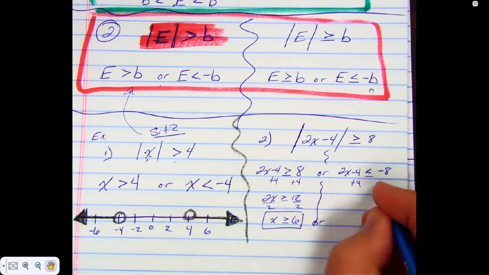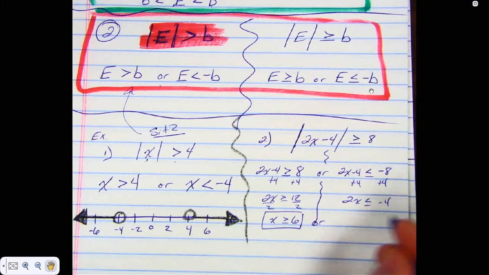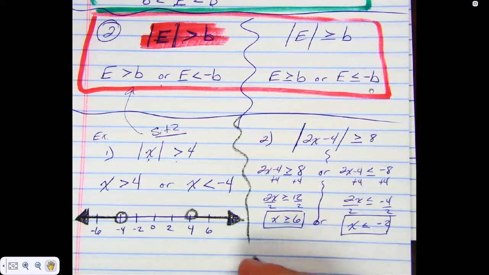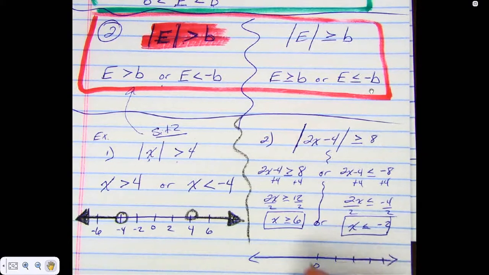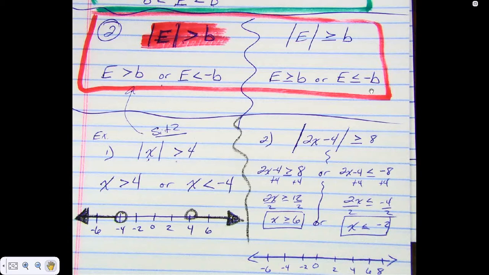Over here, add 4, add 4. 2x is less than or equal to negative 4. How would I graph this?